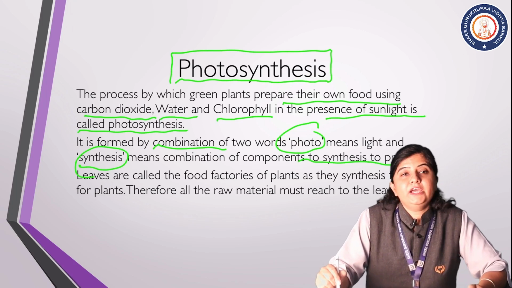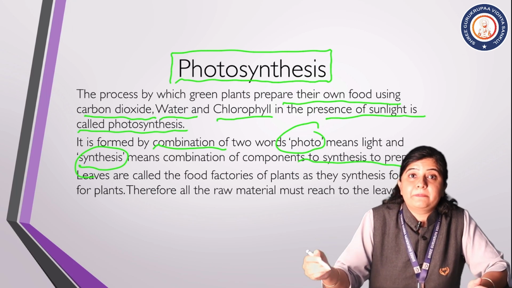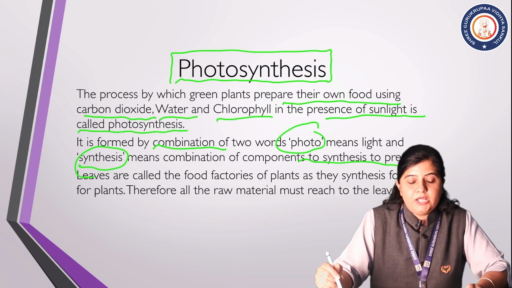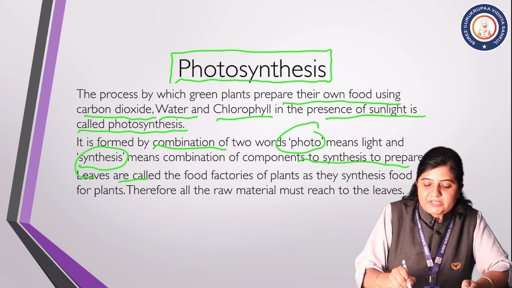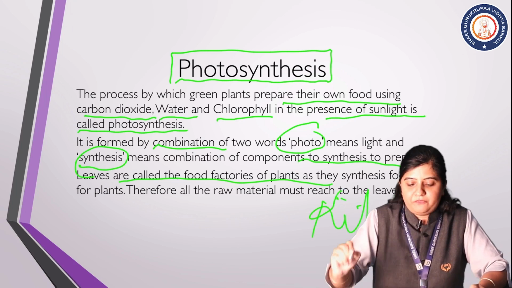We prepare our food not just anywhere at home but in the kitchen. In the same way, where do the plants prepare their food? Leaves are the food factories, or we can say the kitchen of the plant, where they prepare their food.